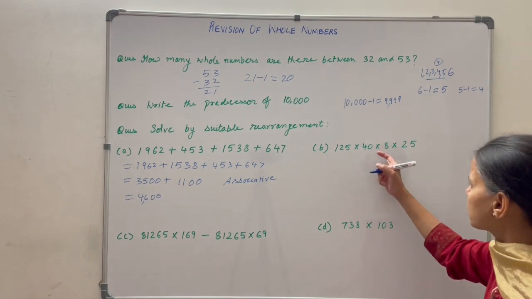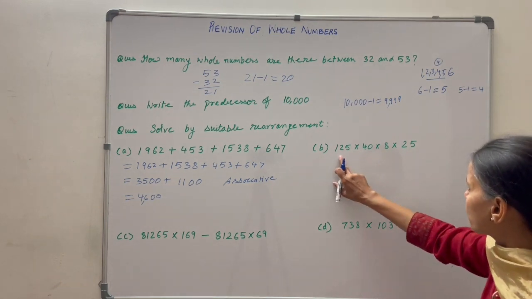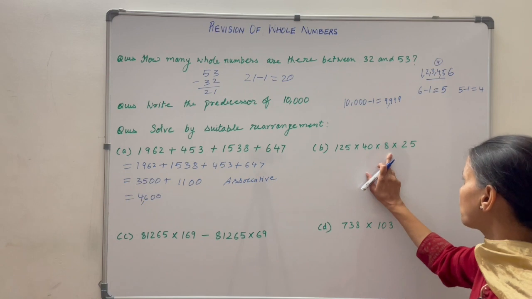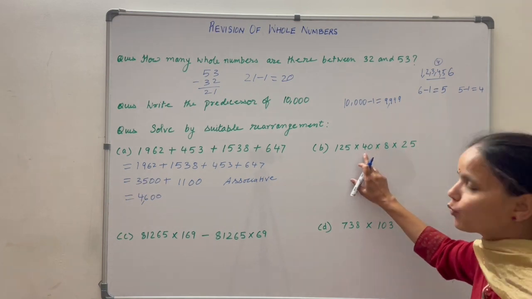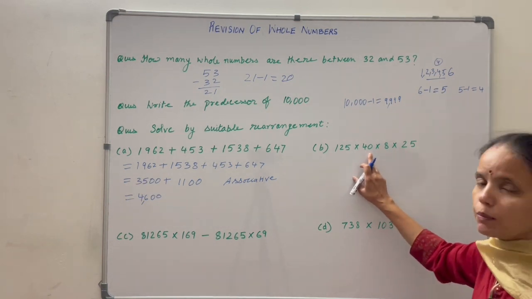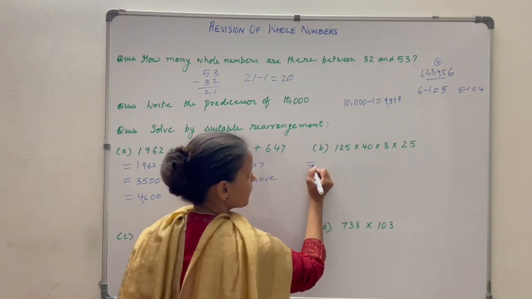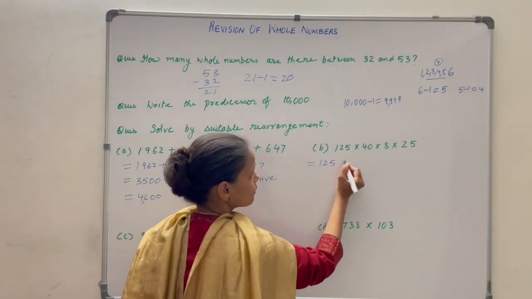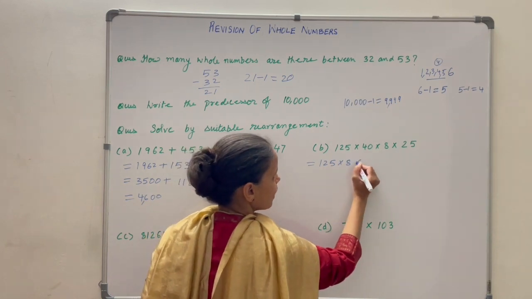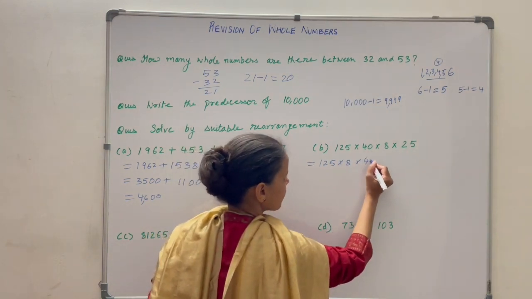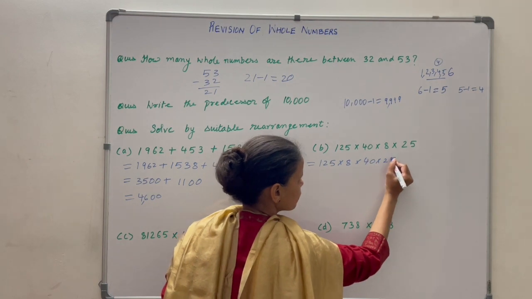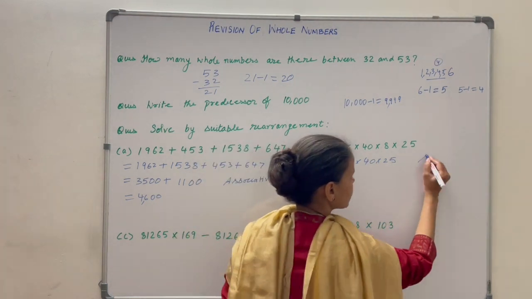We are not going to multiply in the same order because 125 into 8 is 1000 and 25 into 4, you know, is 100. So one more zero means it gives you 1000. So let us rearrange these numbers: 125 into 8, and then 40 I am going to multiply with 25. Which property have I used here?